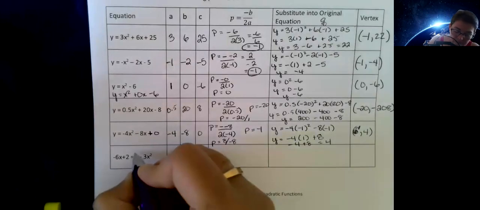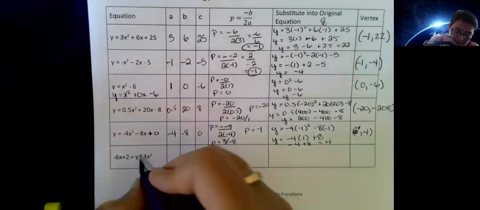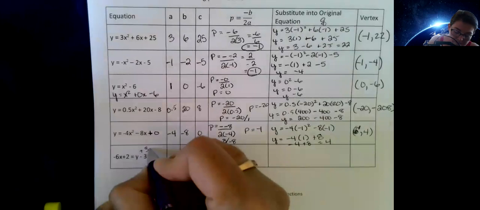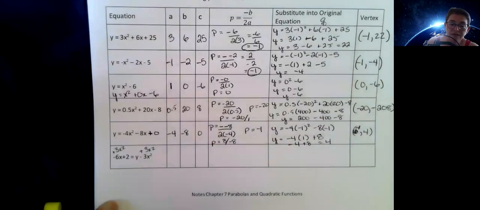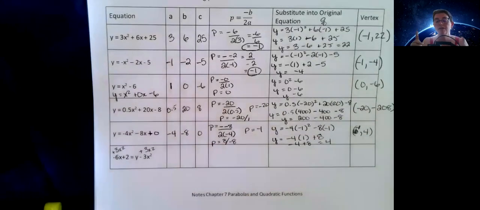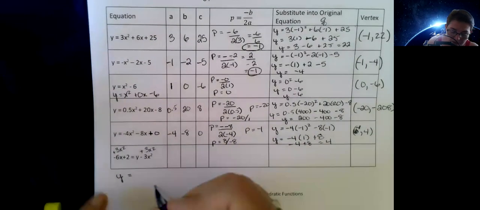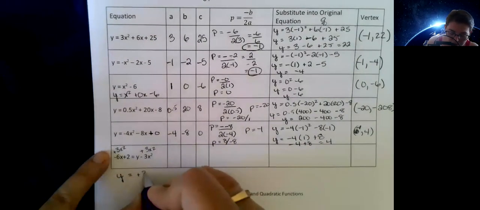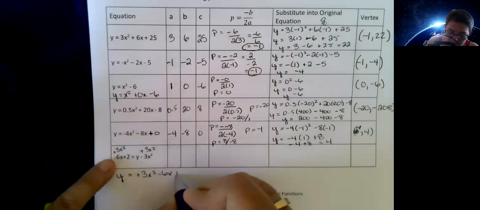All right. What's the easiest way to do this? So the first thing I'm going to do is move the 3x squared over there. And then I'm going to do a great big flip left and right. So y is equal to plus 3x squared minus 6x plus 2.